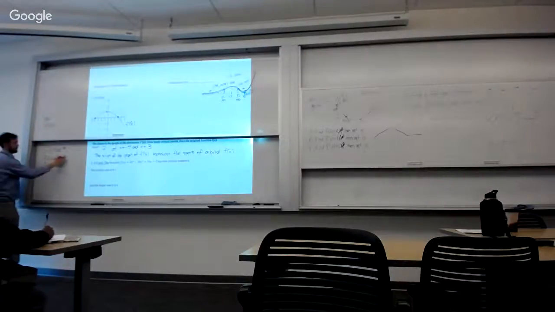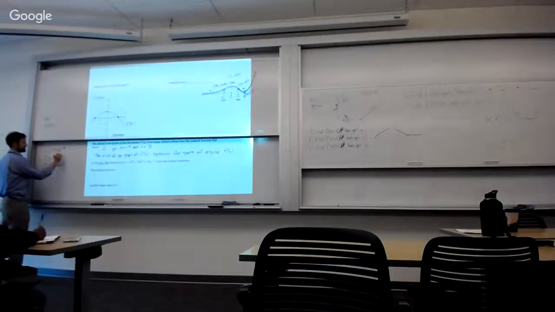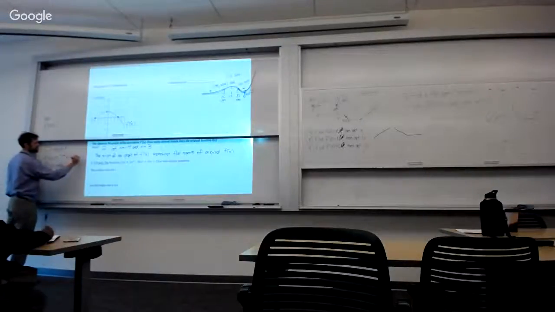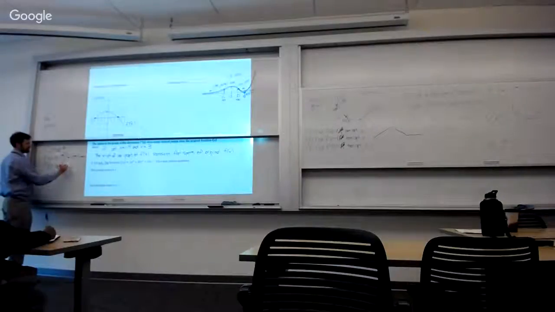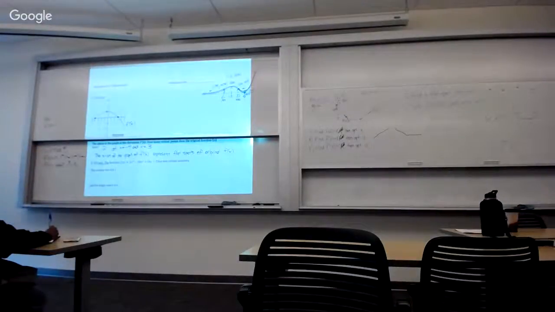And it wouldn't hurt. We could draw little pictures next to all those to kind of remind ourselves. So it's 0 at a maximum, 0 at a minimum, 0 at a transition point, or 0 on a flat line. And when is it undefined? At an asymptote or at a cusp. Those are some nice little drawings to keep in mind.